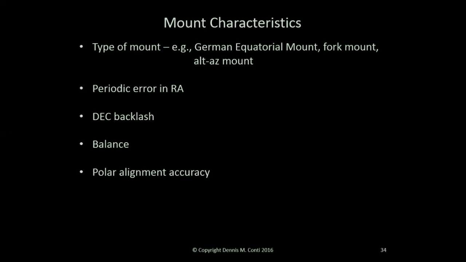A German equatorial mount, for example, would require a meridian flip to occur as the planetary system that one is observing passes above the local meridian. And so there could be some loss of observing time in that respect, having to get back on target. A fork mount is much more optimal for exoplanet observing in that it's able to track across the meridian.